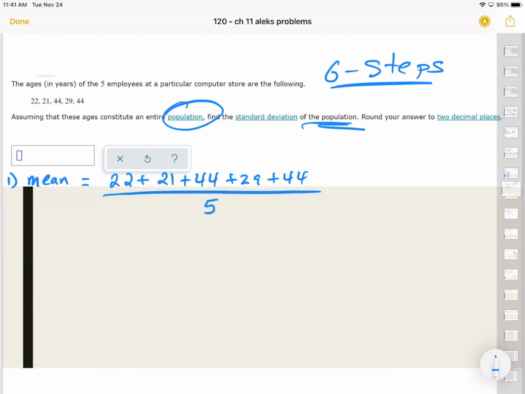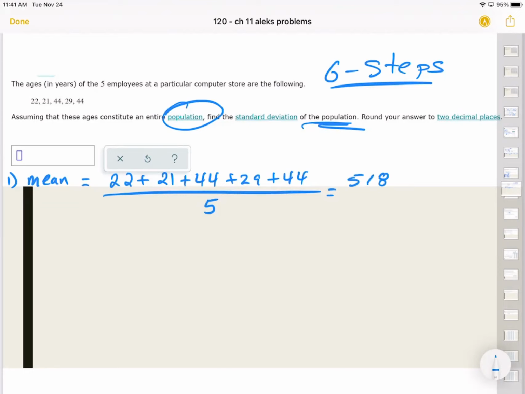In terms of this, you add 22 plus 21 plus 44 plus 29 plus 44, and you divide it by 5, right?